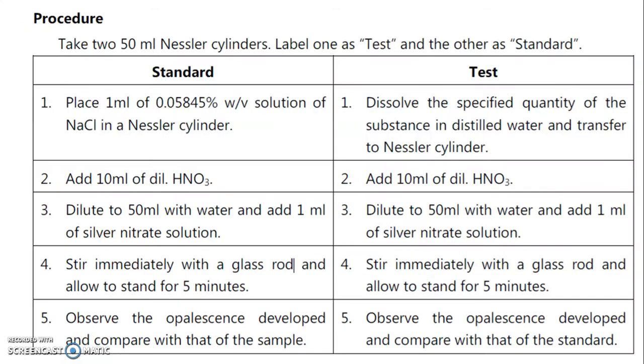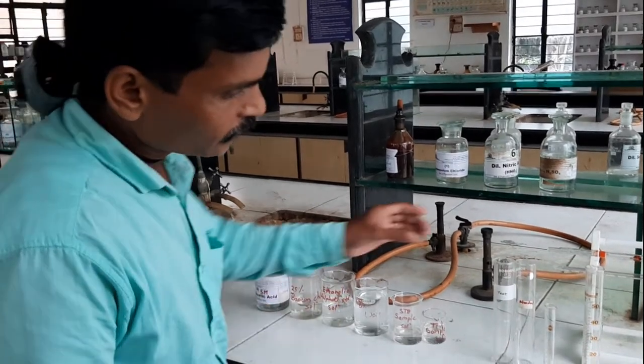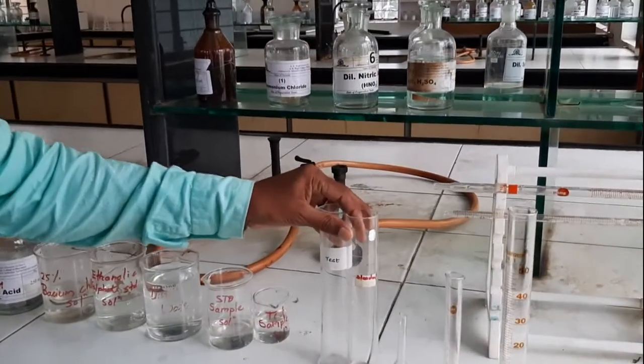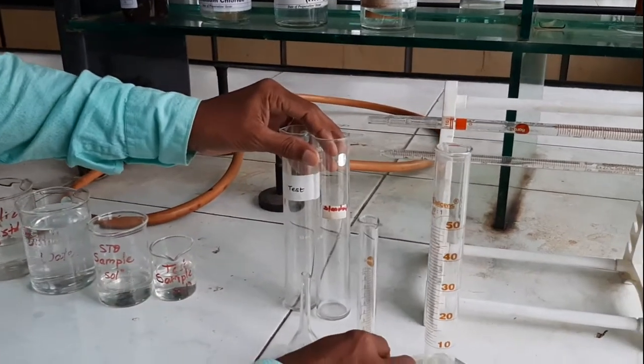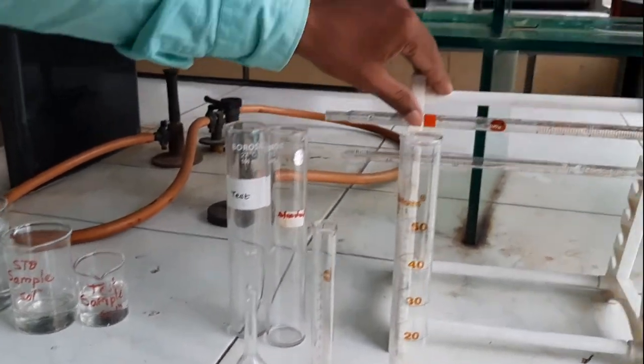Procedure: we follow a similar procedure, but we have to check whether the sample needs to be modified, and the rest of the procedure is similar. The requirements for this limit test for sulfate are a pair of Nessler cylinders, a 10 ml measuring cylinder, a 50 ml measuring cylinder, a funnel, and pipettes of 10 and 1 ml.